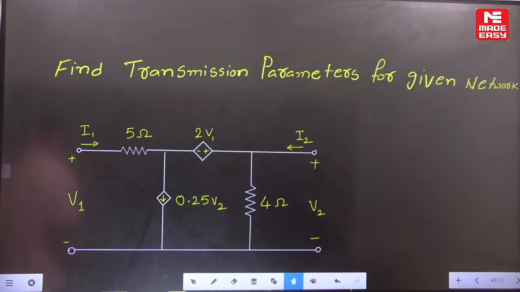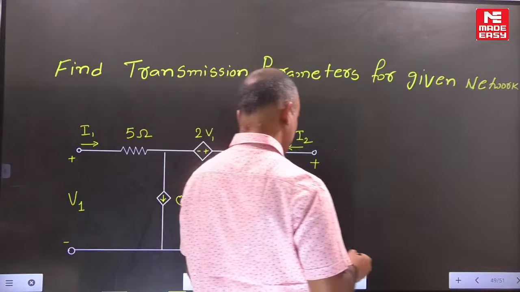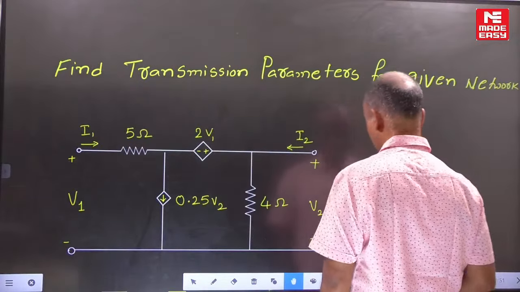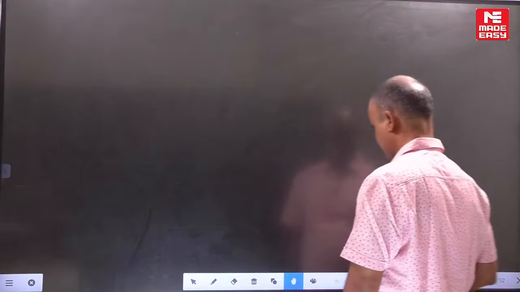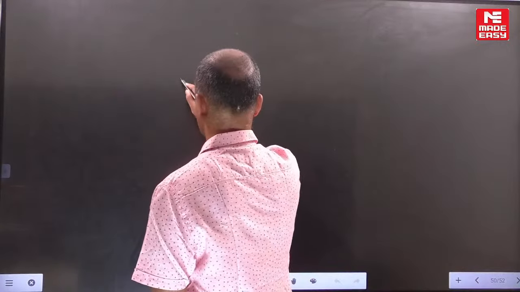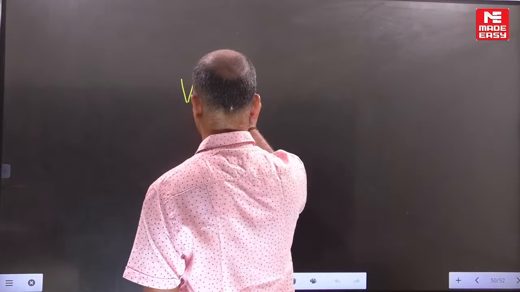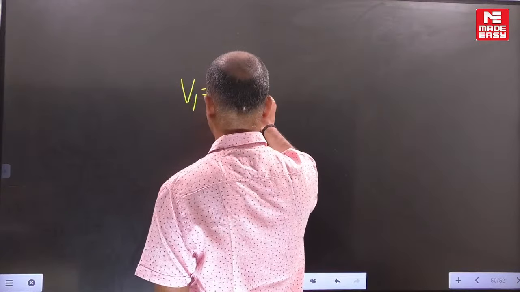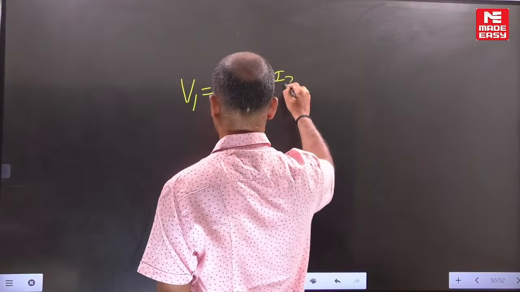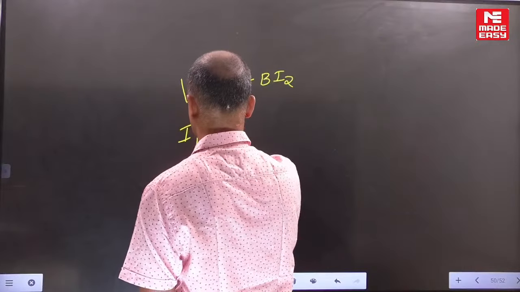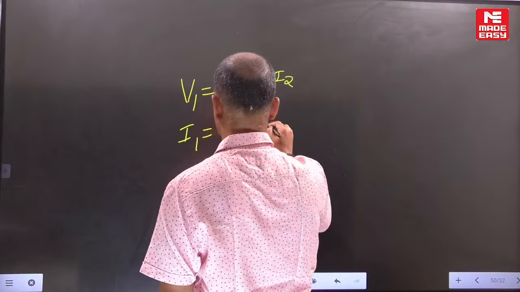Okay. Now the requirement is the ABCD parameters. To find the ABCD parameters, we can go for different approaches. The standard equations are V1 equals AV2 minus BI2, and I1 equals CV2 minus DI2.